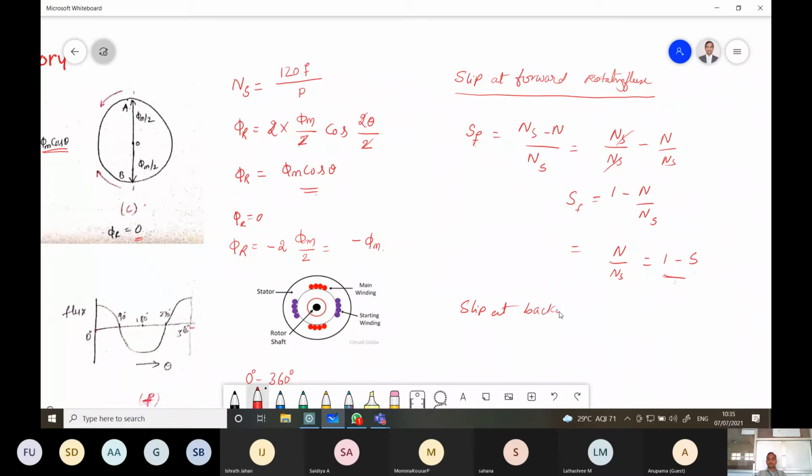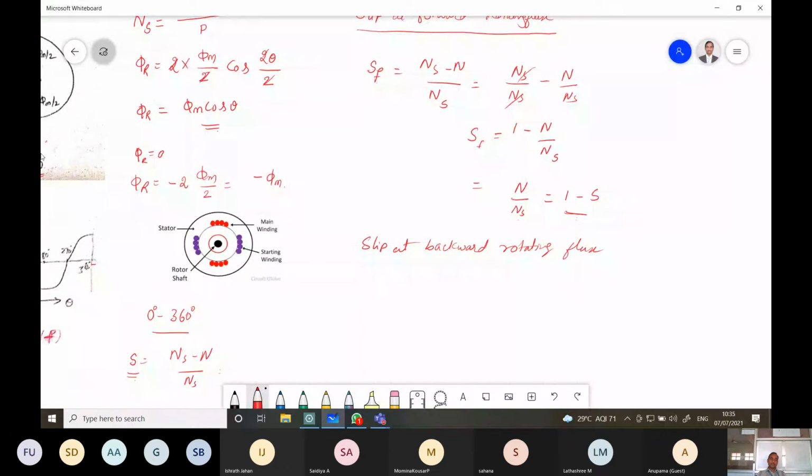So similarly, slip at backward rotating flux is exactly opposite. It is represented by SB. SB means slip at backward rotating flux. This can be given by ns minus, since for backward rotating flux the rotor is rotating in the opposite direction, take minus of n, divided by ns.